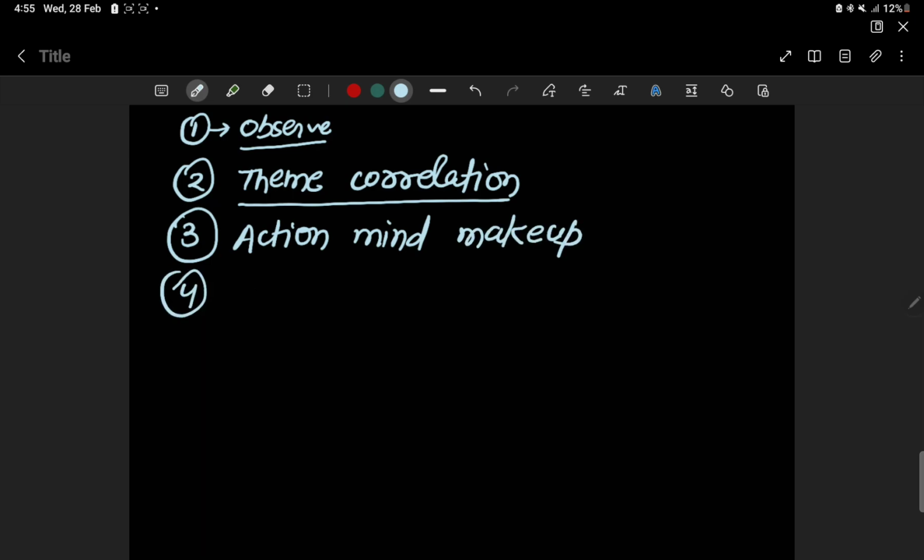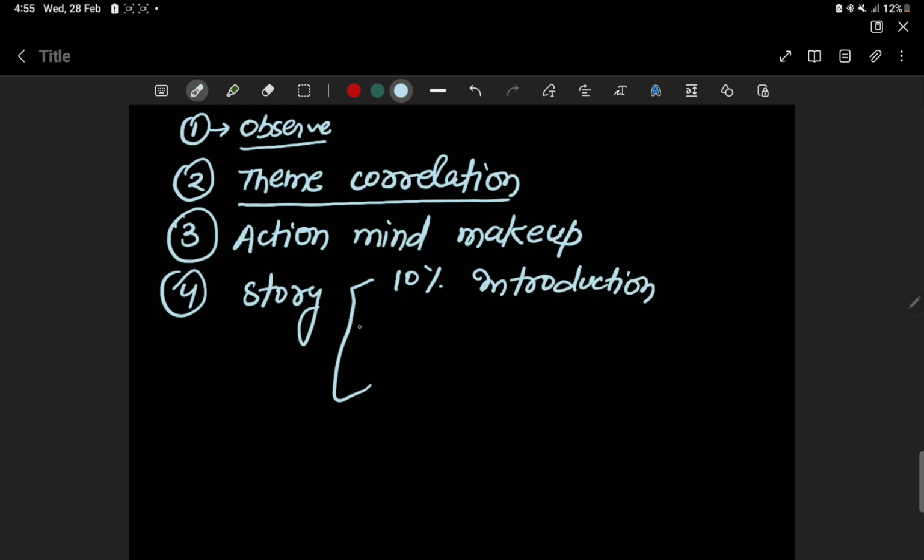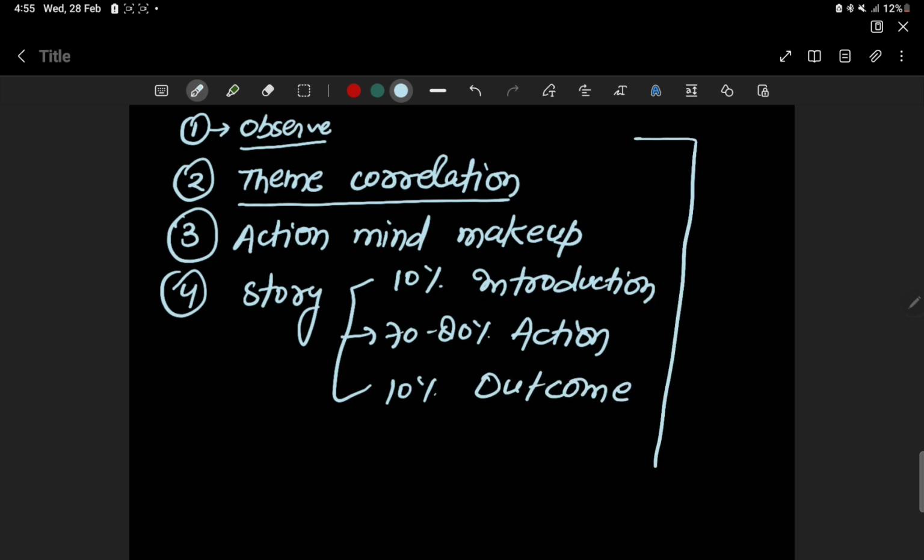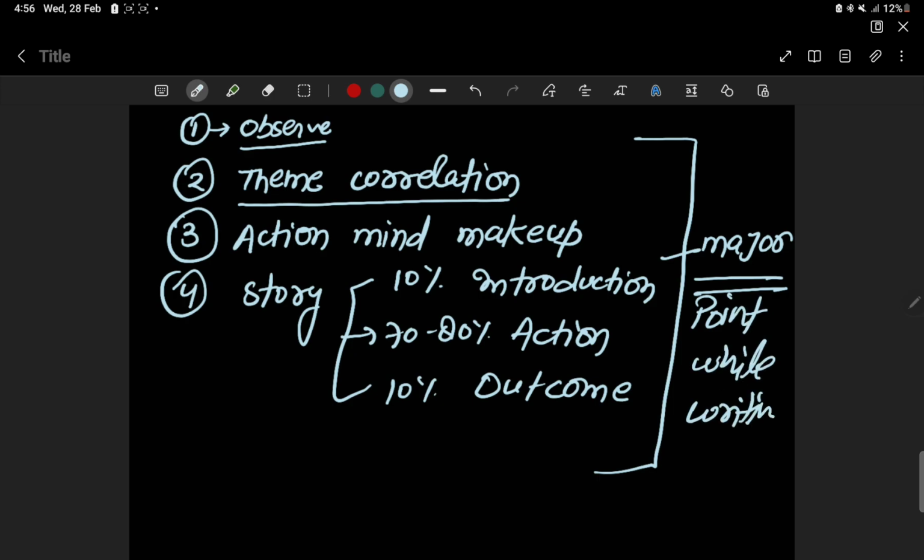Then your story should have 10% introduction, 70 to 80% action, and 10% outcome. These should be your major points while writing the story.